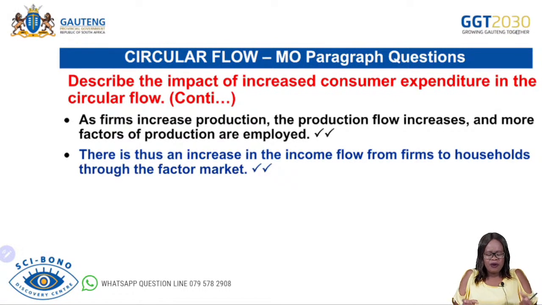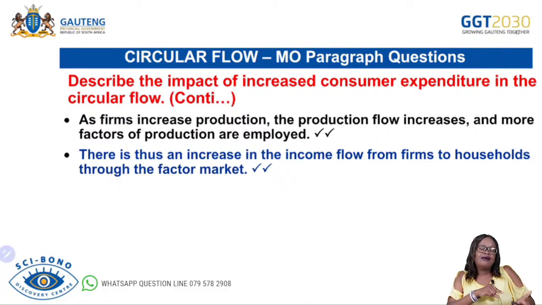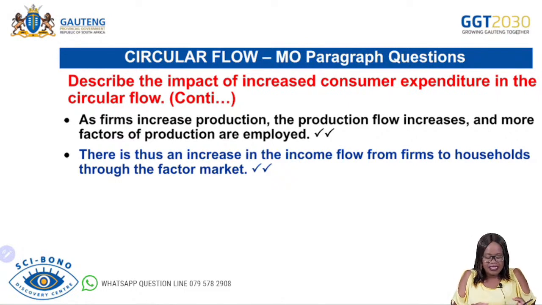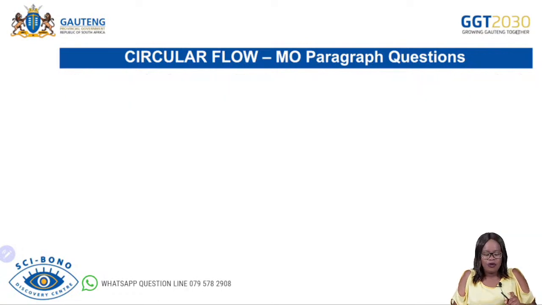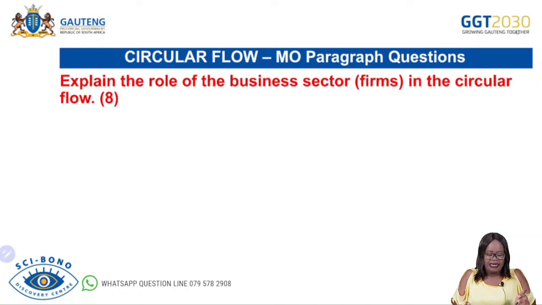Now, good people, remember when you speak about factors of production, labor is also part of the factors of production. Therefore, when more labor has been employed to meet the increased demand for goods and services, it means that now more households will now have an income that they will use to be able to spend more on goods and services, and that keeps the economy going. Right, and then now we move to the next question.